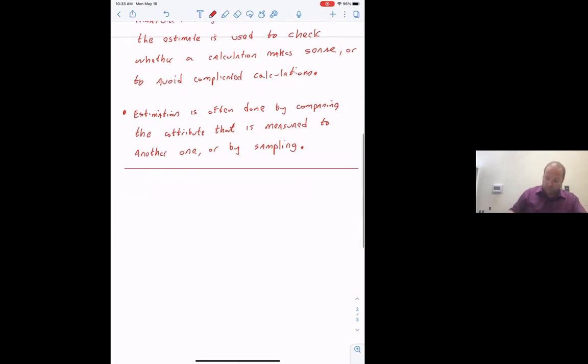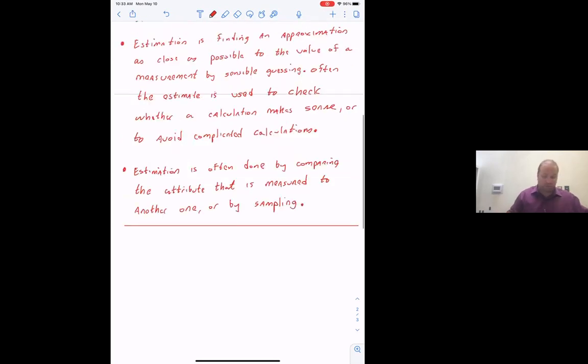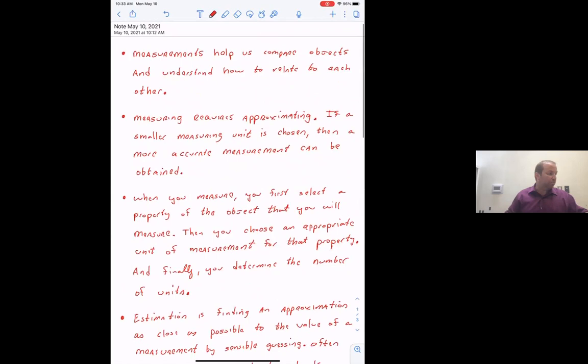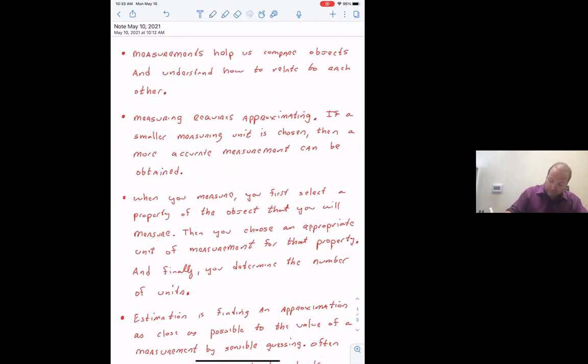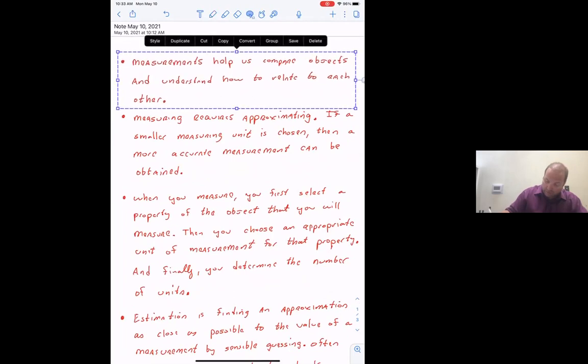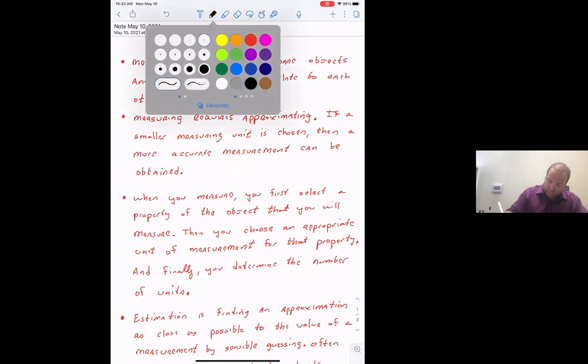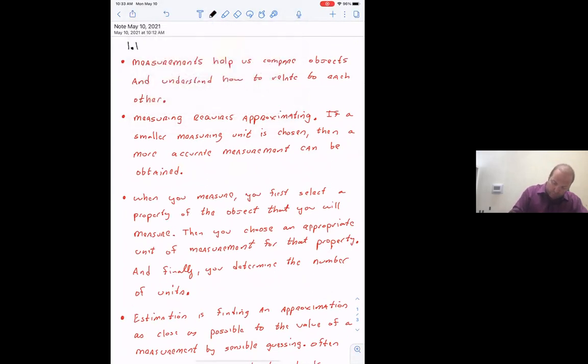So now we go to section 1.2. So this was all section 1.1. I should probably have labeled that, so let's throw it in now. I can take this and lower it down a little bit. So we have in black 1.1, measurements and estimates.